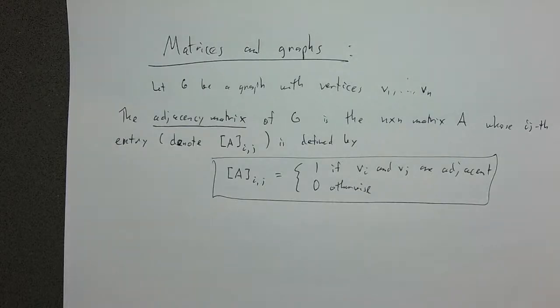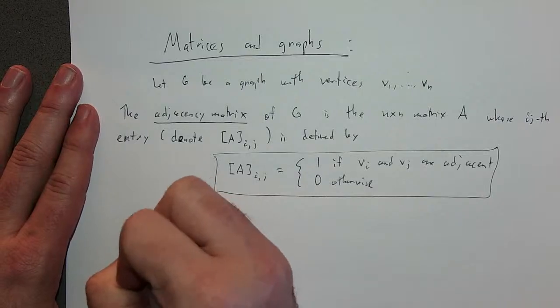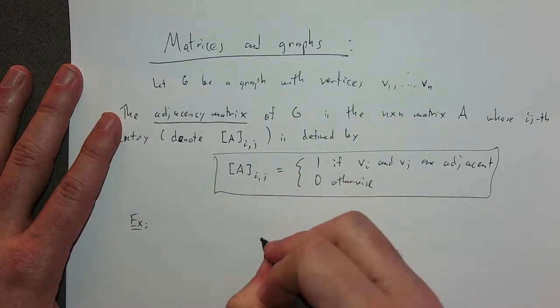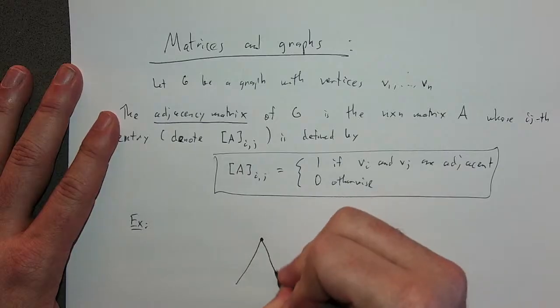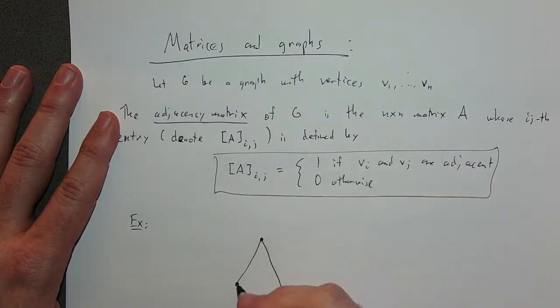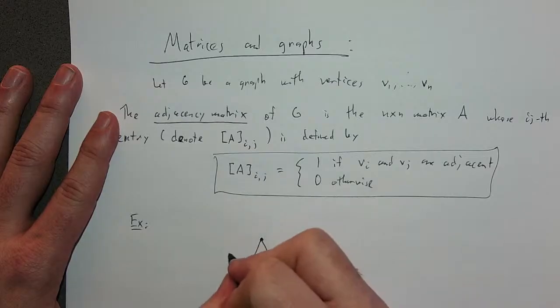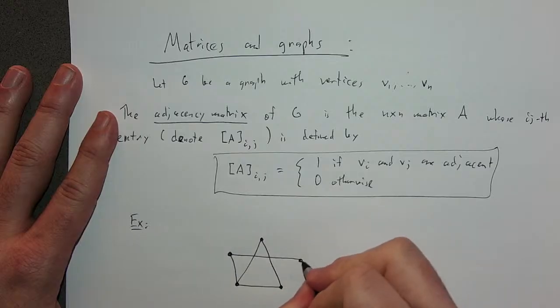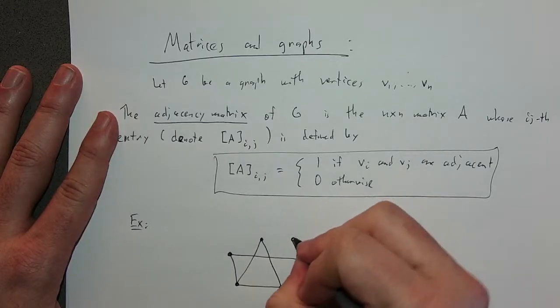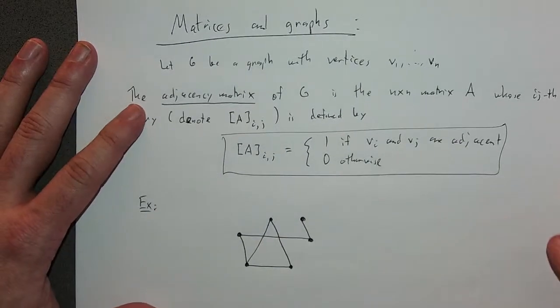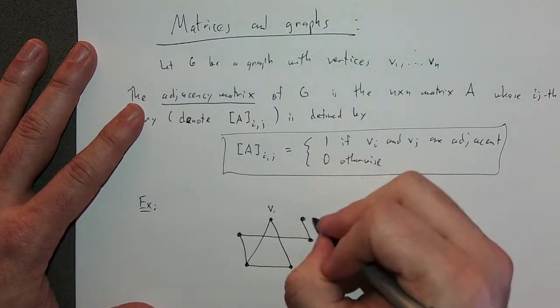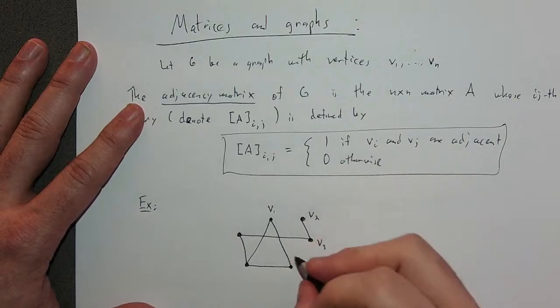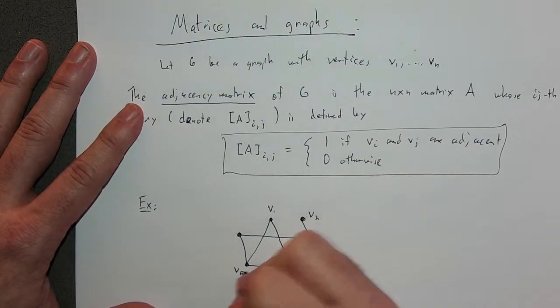So let us draw a quick example. We have, I'll label them clockwise here, V1, V2, V3, V4, V5, and V6.